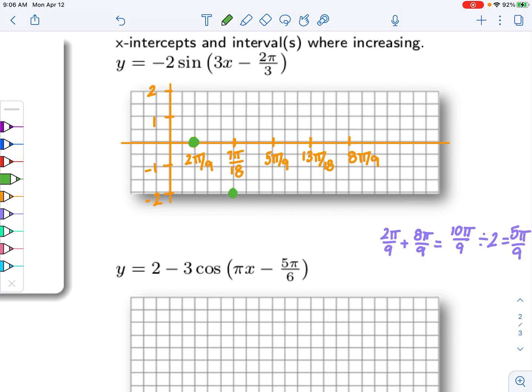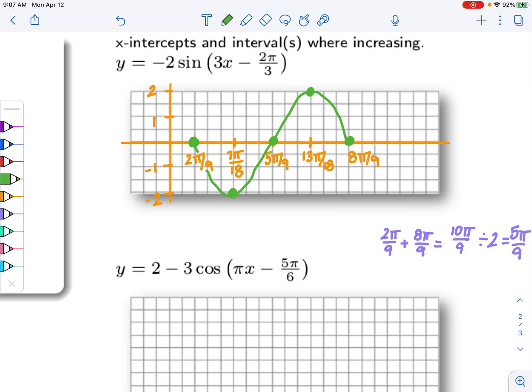So the next point would be at -2. Following your curve, you're going to head back up, keep going up, and head back down in your period length. So this is your graph. Follows the same pattern, stretched by 2 in the negative direction, and you have your 5 points.